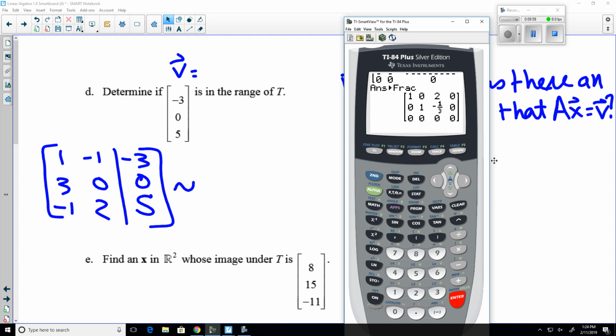I don't know why I have an extra column in here.